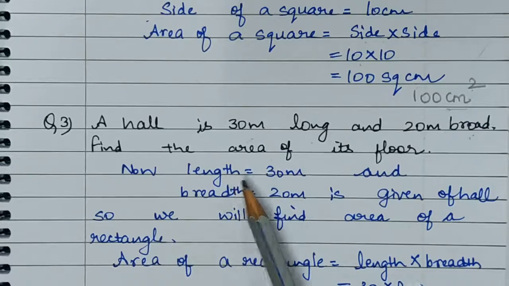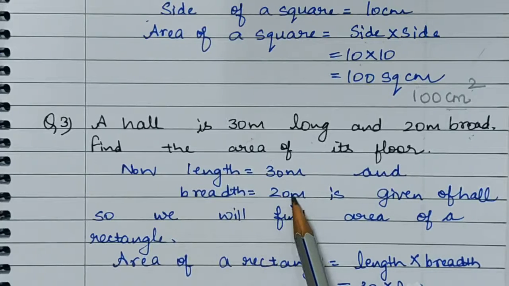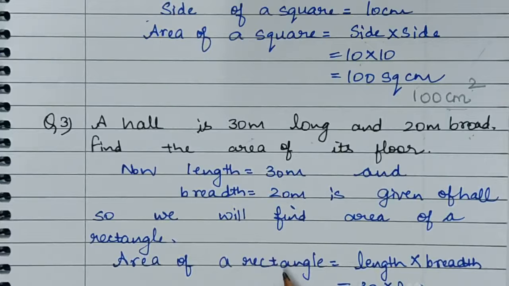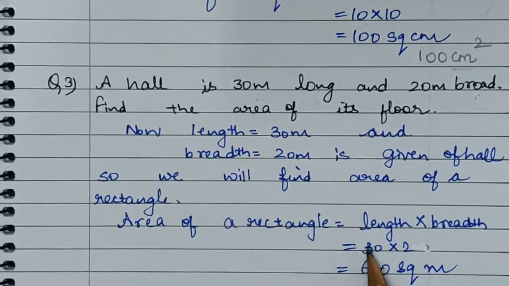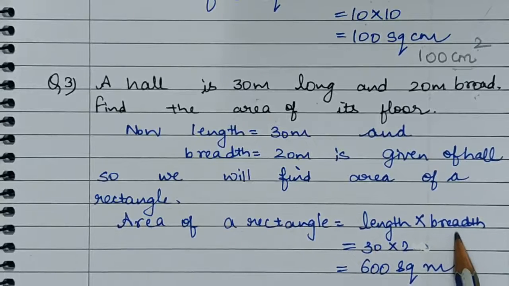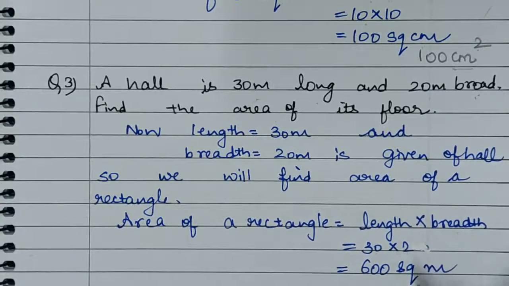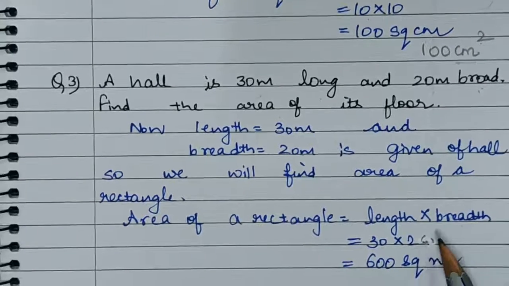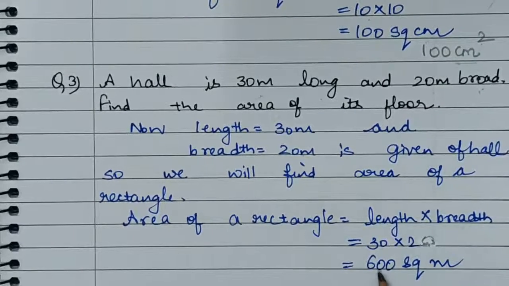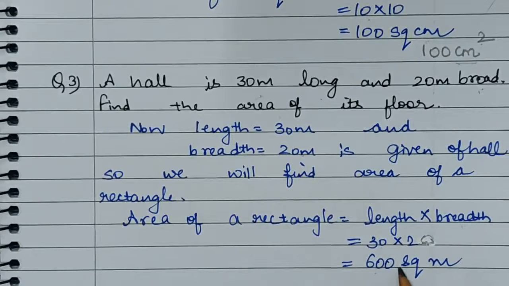Now length is given, breadth is given. Now what is the formula for area of a rectangle? That is length multiply breadth. Put the values: 30 into 20. What we get? 600 square meter.